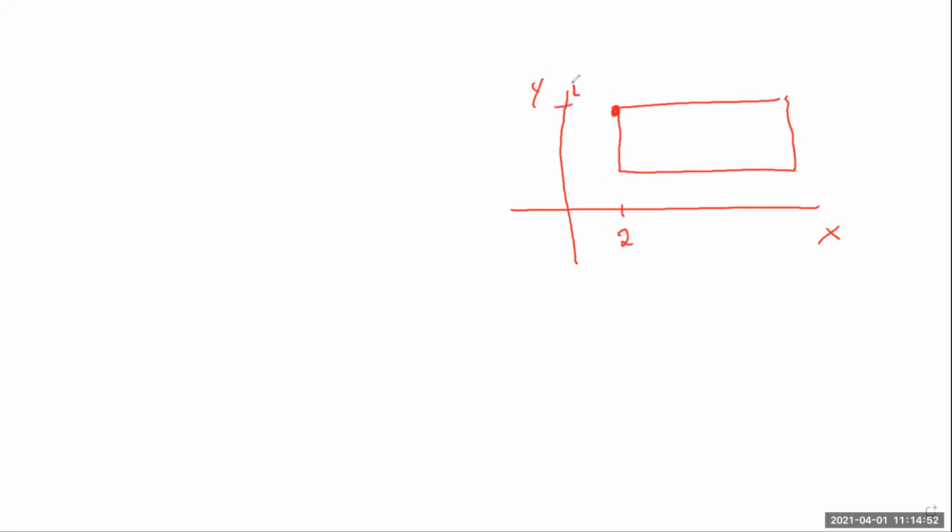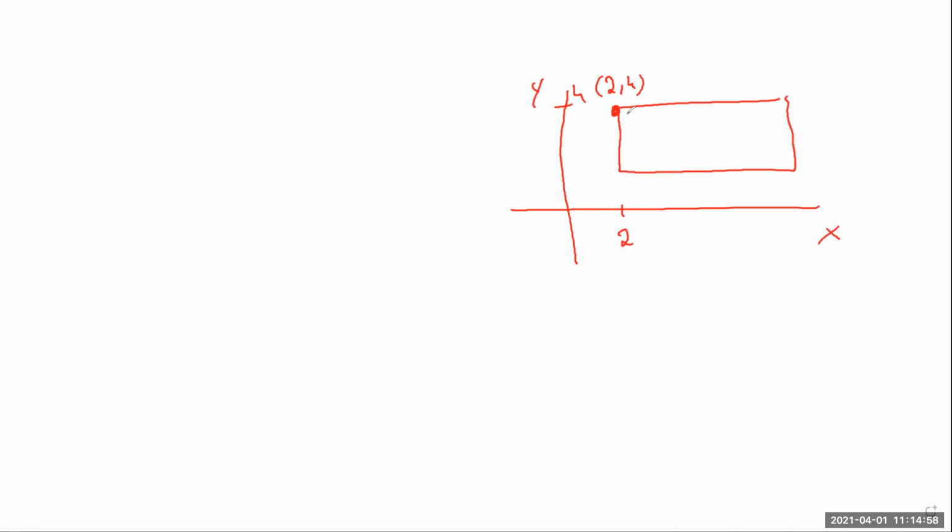Let's do an example which is, say, a rectangle class. So this is a rectangle. Okay, and this is the x-axis, this is the y-axis. When you have to draw a rectangle, there are different ways, right? One way is that you tell this top left point. Maybe this point is 2 4.